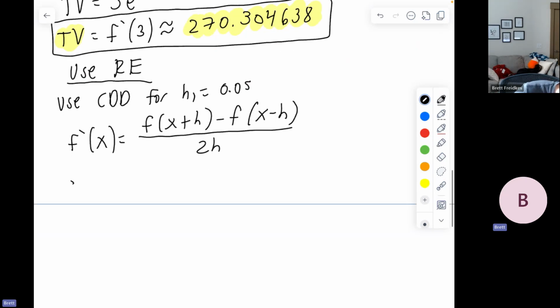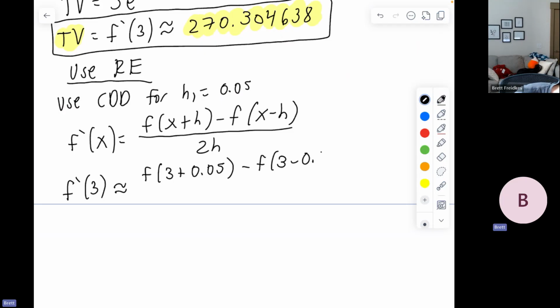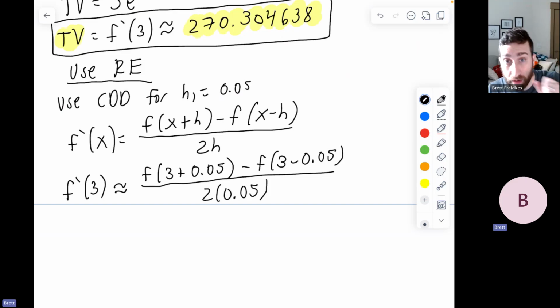If we were to find the derivative at 3, that's f of 3 plus 0.05 minus f of 3 minus 0.05, divided by 2 times h, h1 in this scenario.